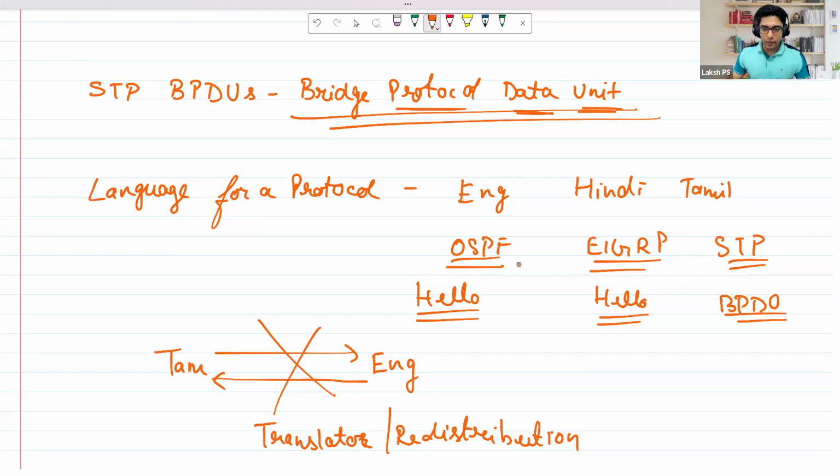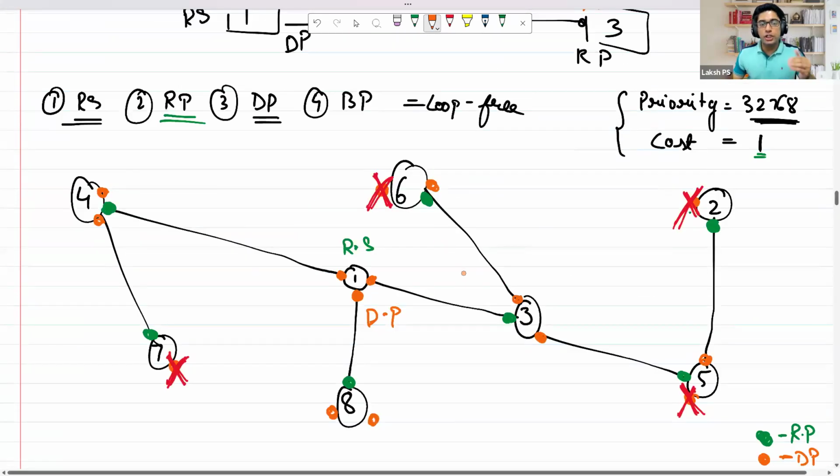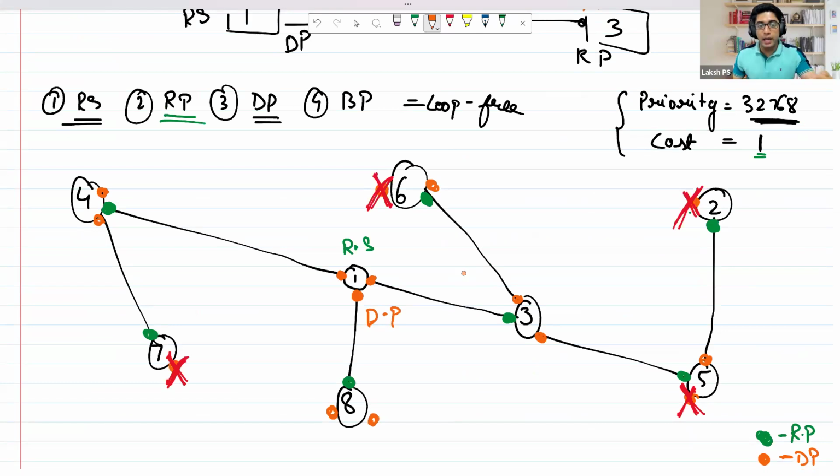So if OSPF wants to speak to a router, it needs to find a router which also understands OSPF messages. Similarly, if EIGRP wants to send a message to another router, that router should also understand EIGRP messages. Similarly, for spanning tree protocol, any switch which is sharing information about spanning tree should speak spanning tree messages so that the other switches can also understand the spanning tree information.